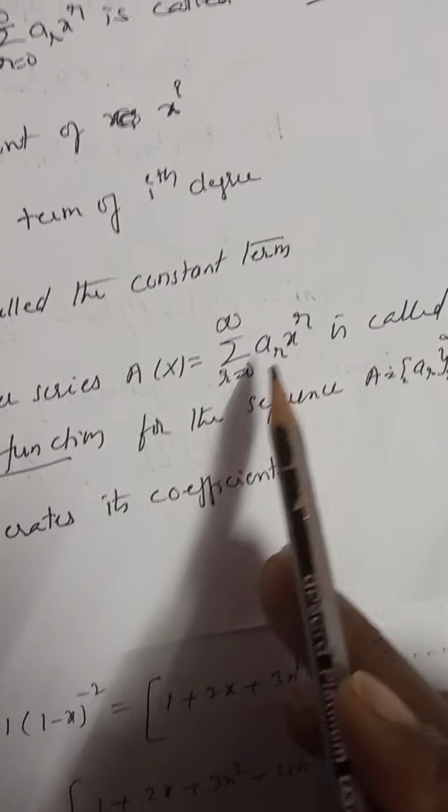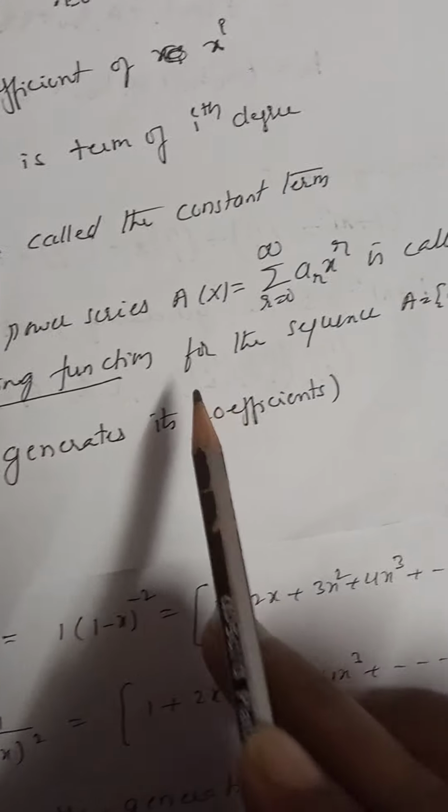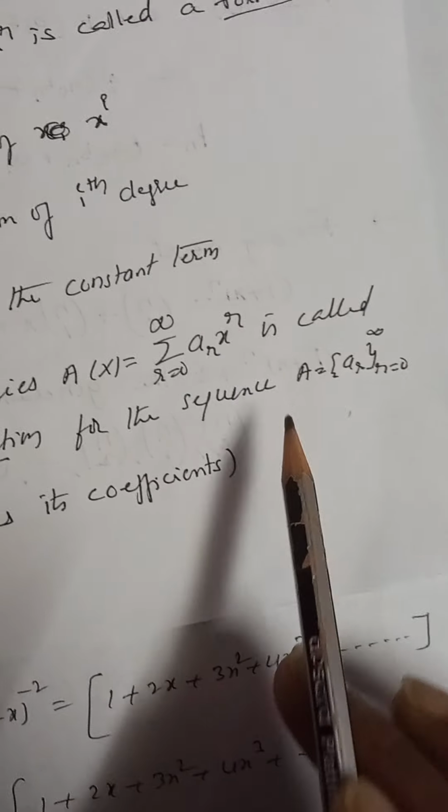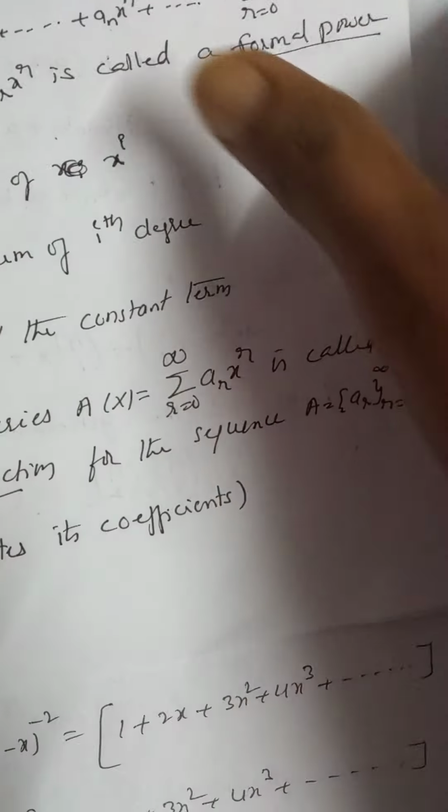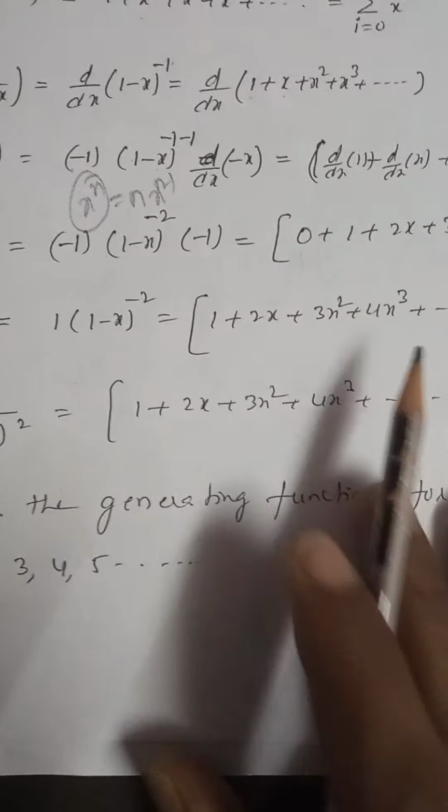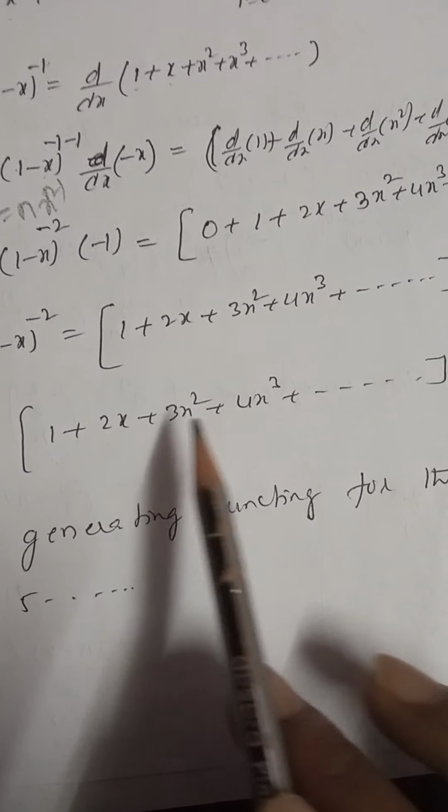Right? Now see, the formal power series is the generating function for the sequence. The sequence means the coefficients of x power 0, x power 1, x power 2, x power 3 and so on. Right? Here what are the coefficients of x power 0, x power 1, x power 2, x power 3 and so on? Here 1, 2, 3, 4.